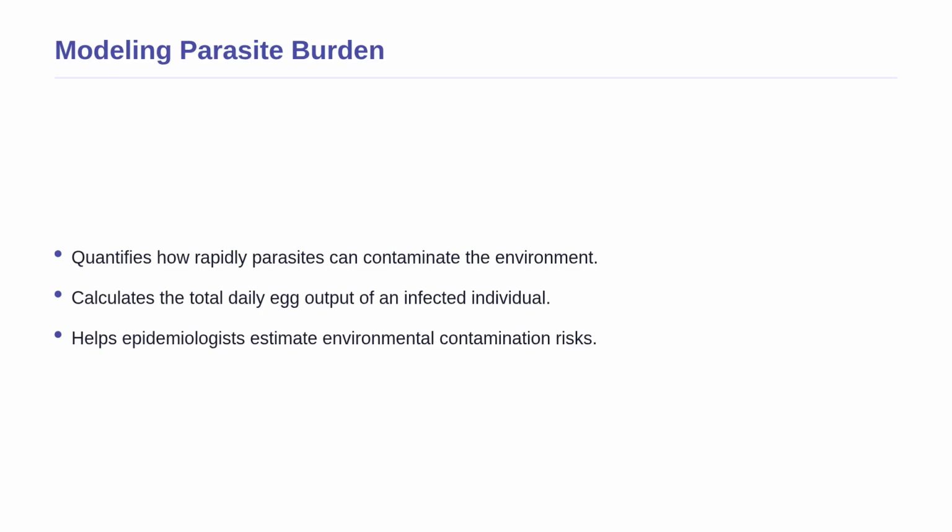This mathematical approach allows us to predict the scale of an outbreak and allocate medical resources effectively. We do this by looking at the number of adult worms, their shedding rate, and the egg capacity of each segment. Let us look at the formula used for this.